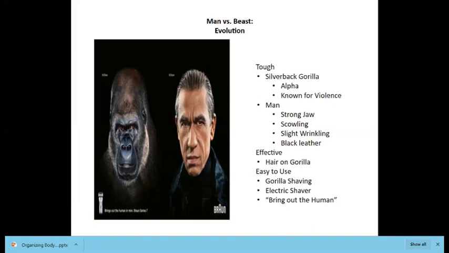But that's not what this ad is trying to get us to think about with this black background and this kind of sinister looking picture. They're trying to get us to focus on this idea of strength and toughness, and picture in our heads the alpha male gorilla, which is also known for violence because of its huge size and body strength.